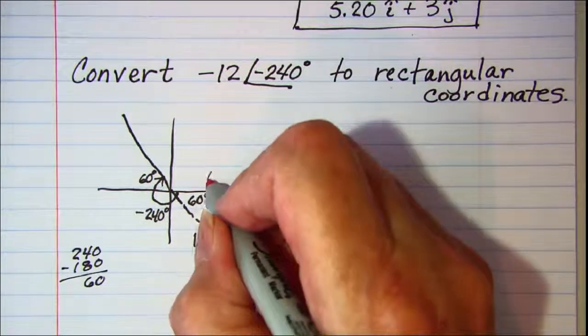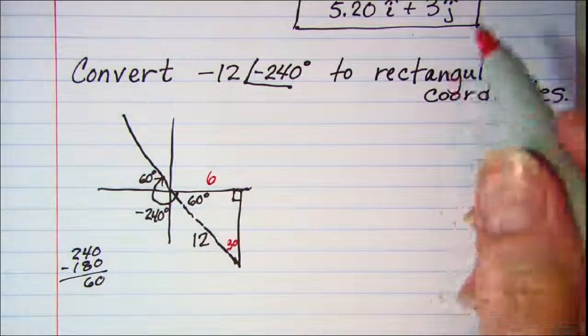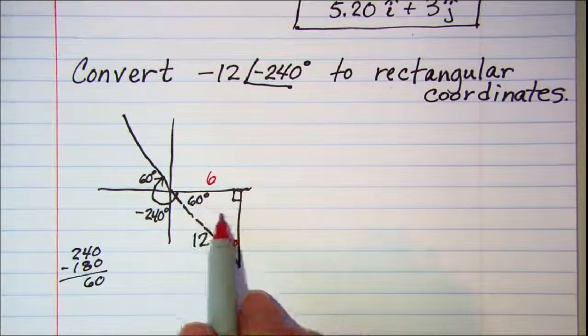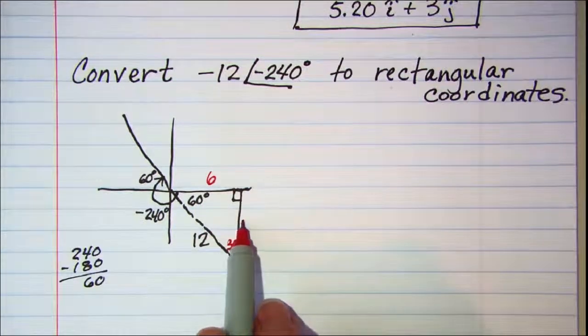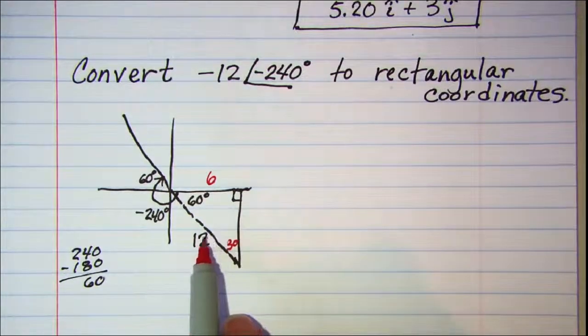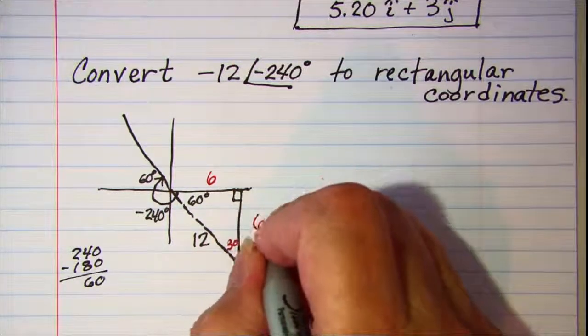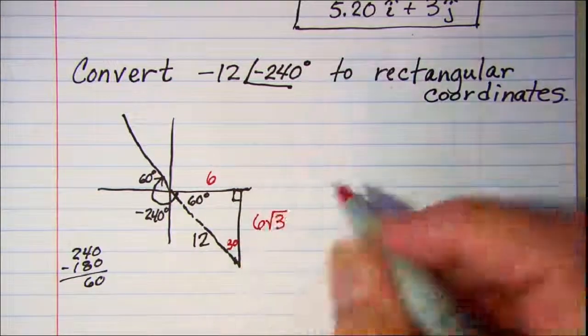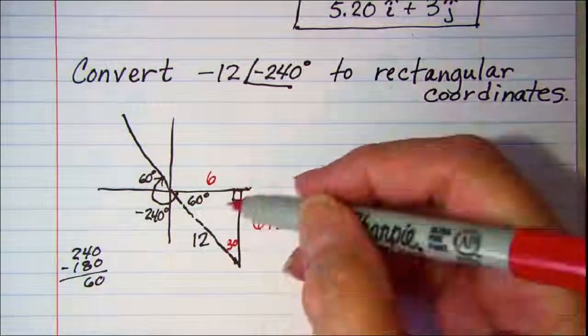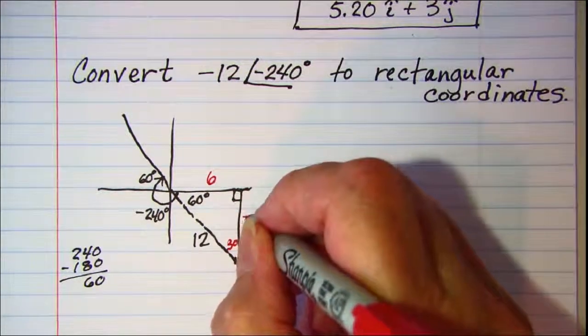So this measure has to be 6. Then the side opposite the 60-degree angle is half the hypotenuse times the square root of 3. So we'll have 6 square roots of 3. Now keep in mind that since we're going down here, this is going to be a negative value.